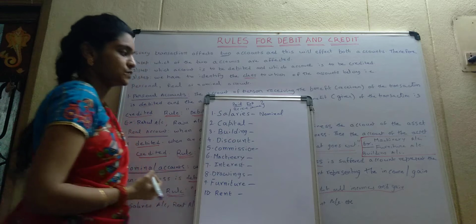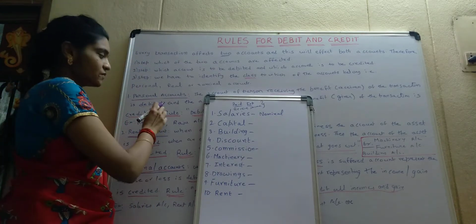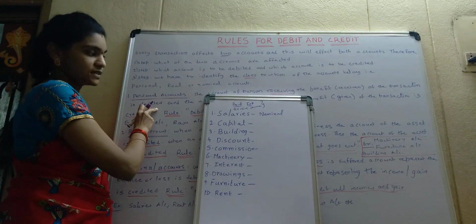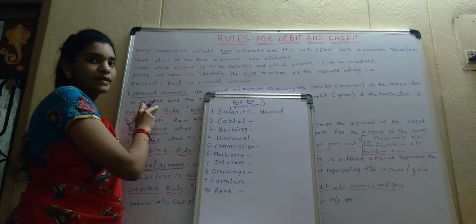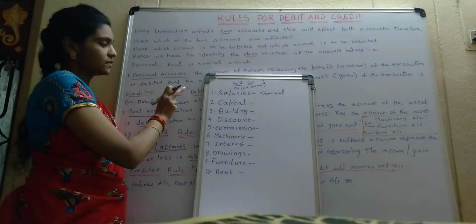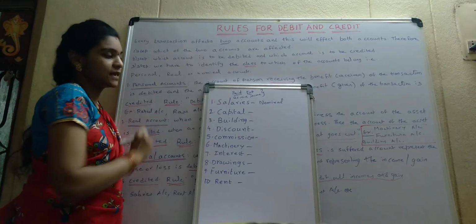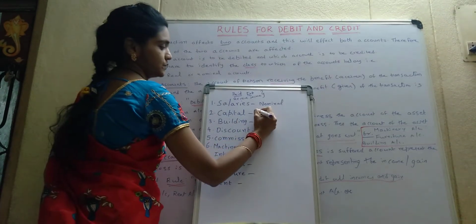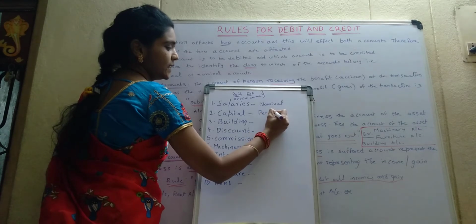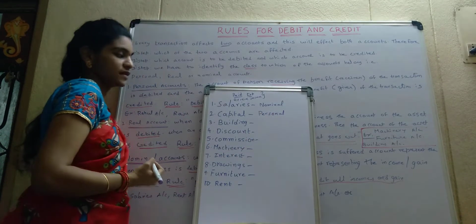And capital. We have already given an example for capital. Capital comes under which account? Personal account. Building. Can you guess?